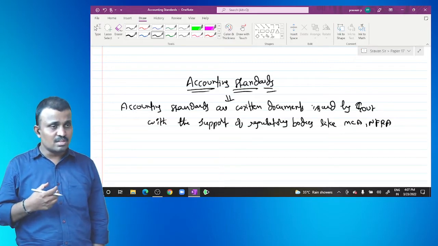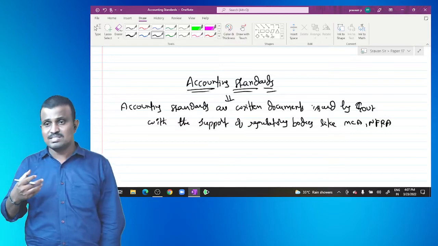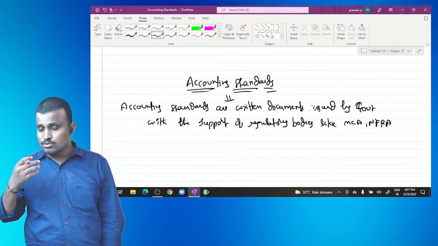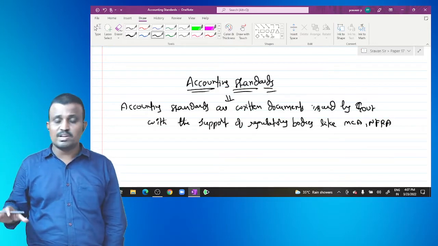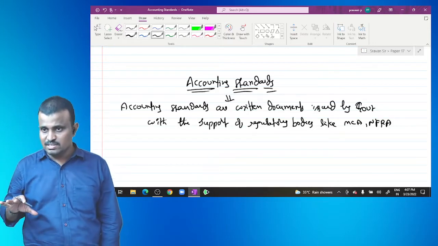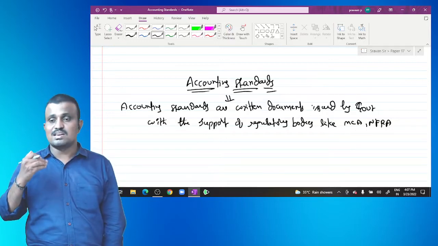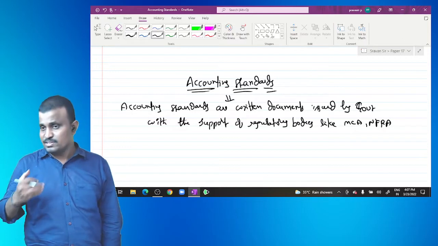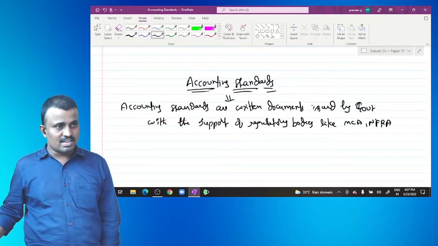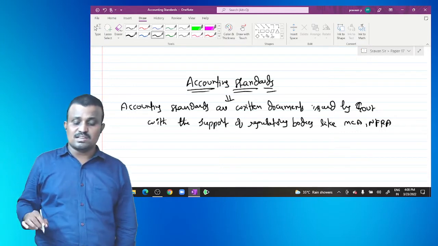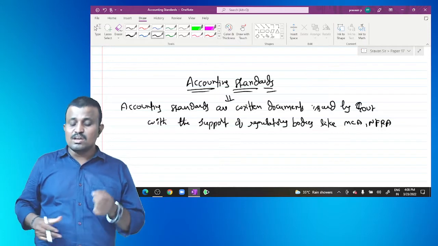For that purpose, to make uniform all the accounting policies to be followed by the accountant while preparing financial statements, some standards are issued by the ICAI through the government. So those are called what? Accounting standards.